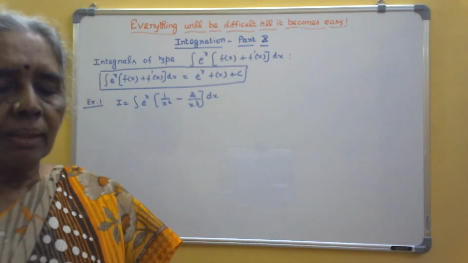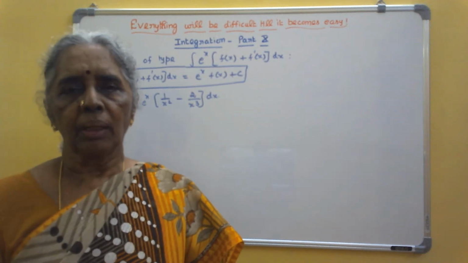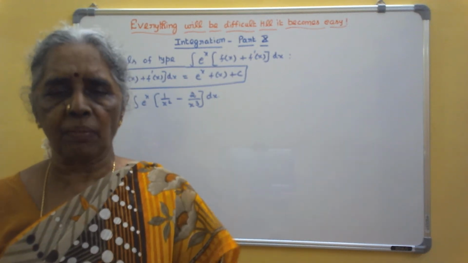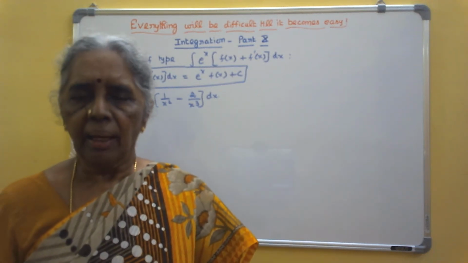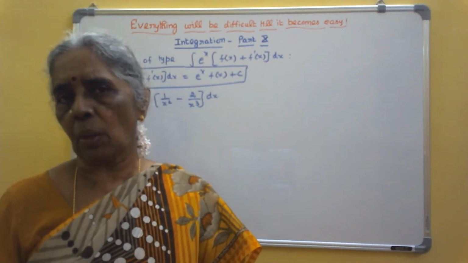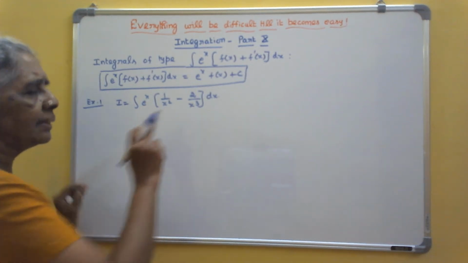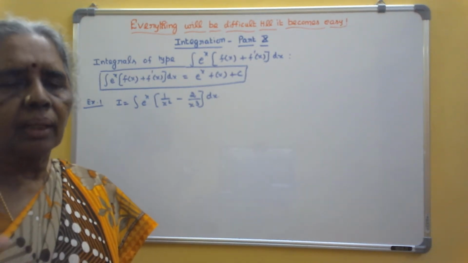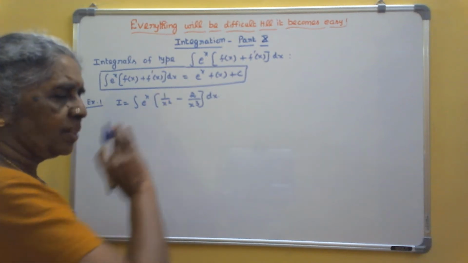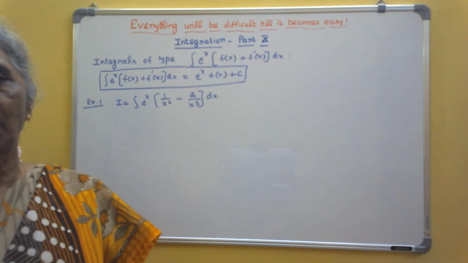But supposing it is a bit subjective, if they give you in a 1 mark working type of sum or in a 2 mark sum, in that case you have to write a few steps. So let me tell you those steps also. So here, whenever I see this e power x and 2 terms, especially in this sum, it is very straight. Always it will not be. Let us see some more examples afterwards.